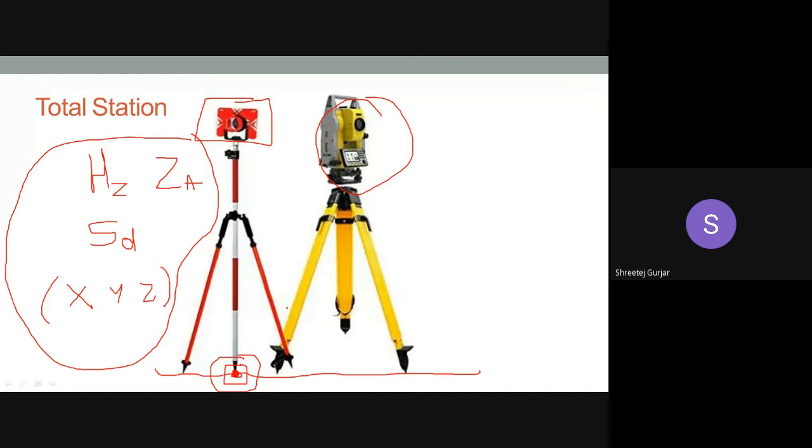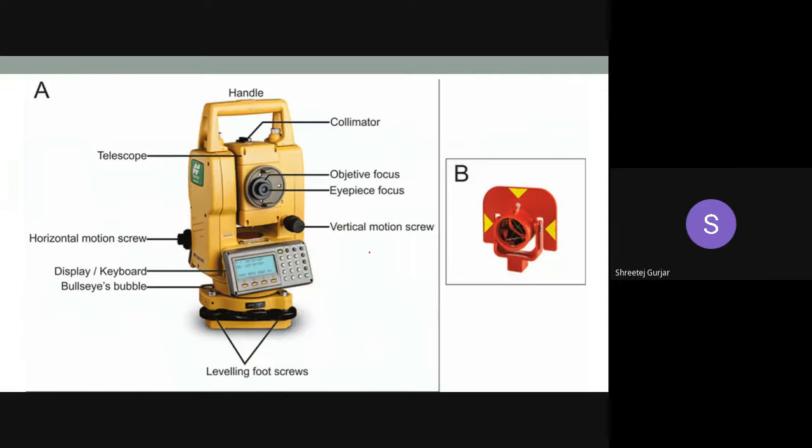Coming to a few other details regarding the total station, you can see this is the handle part, which is used to carry the total station around. Then the collimator, which is used for approximate bisection. Then we have this telescope, the same as in the theodolite, which can be transited 360 degrees. Then the eyepiece, which we use to look through the telescope. This is the keyboard, used to make the various recordings.